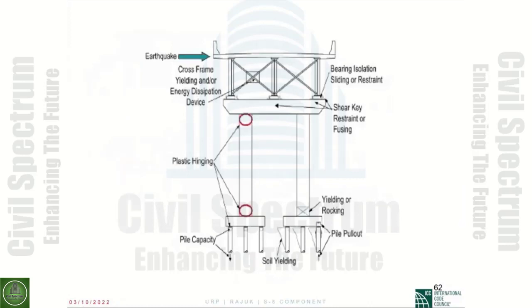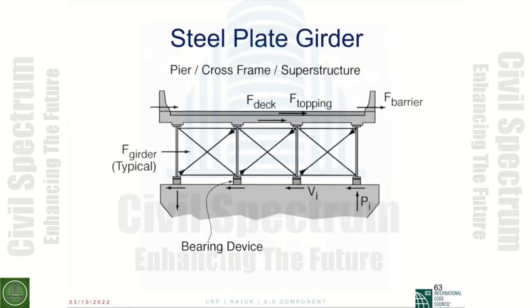This is here type 2, where we will allow the yielding inside the cross frames, and you see here that you need to detail these things for the b/t ratio and for the KL over r.